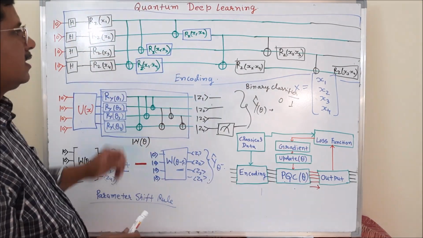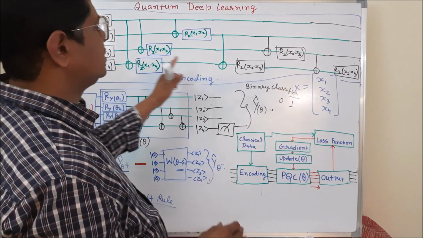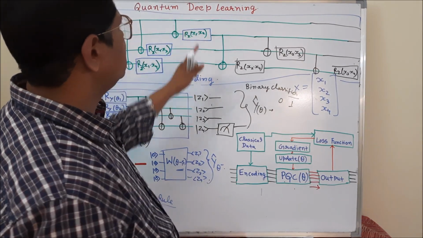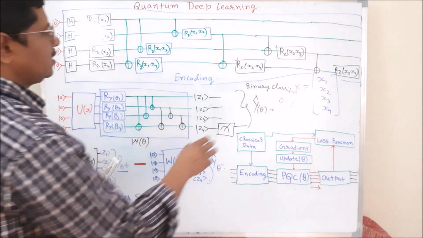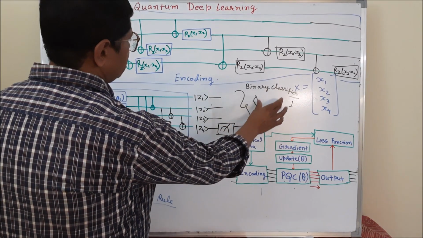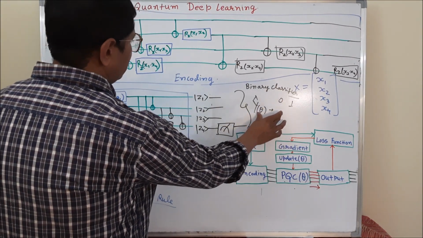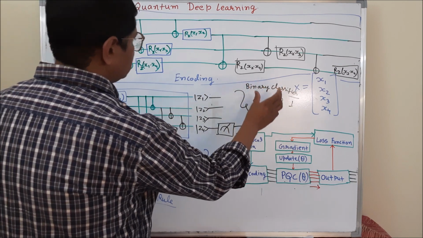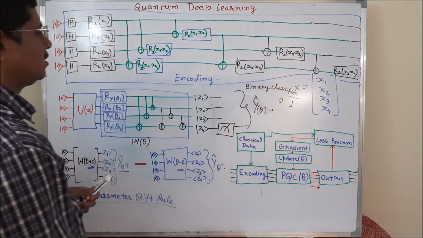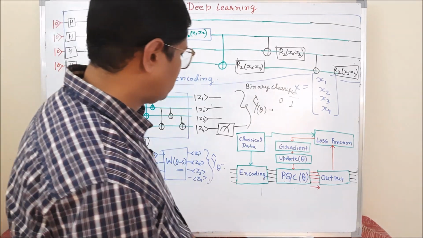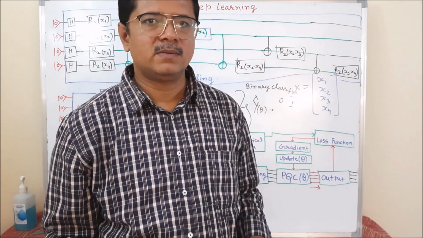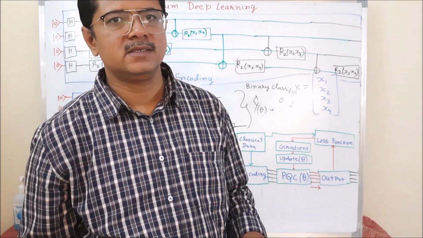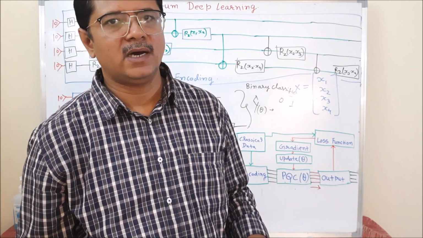So now you understand that it is so easy to design a traditional quantum deep learning circuit architecture. You can use it for binary classifier, multi-class classifier, multi-label classifier. You can use it for regression also. So this is the basic concept here. In the next tutorial, I will try to explain how we can design the quantum CNN architecture.